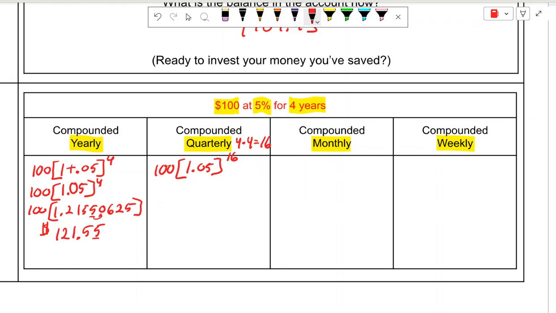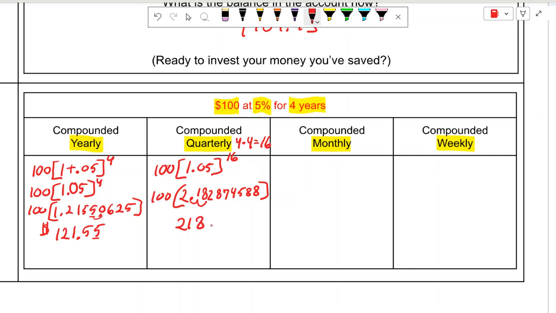All right, go to your calculator. You see how you want to do the long one? You'd have to do the problem 16 different times. So 1.05 caret for the exponent, 16th power, and on my screen I get 2.182874588. I'll multiply that by 100, which is going to move my decimal point twice.